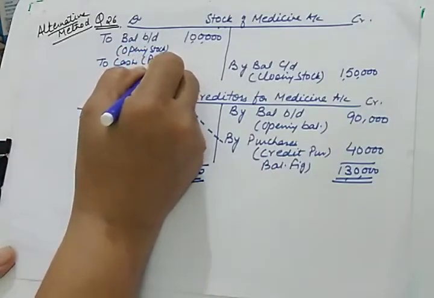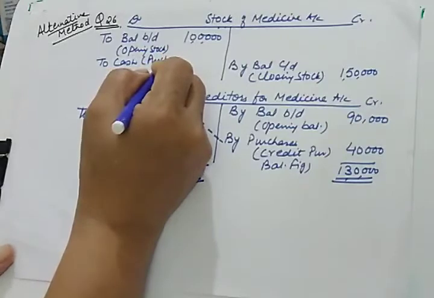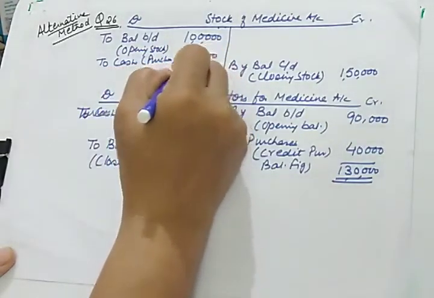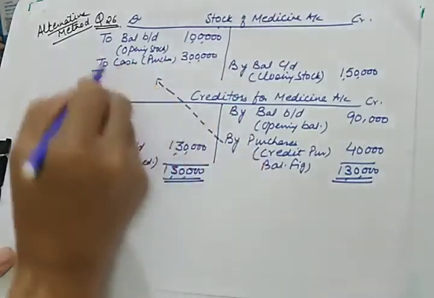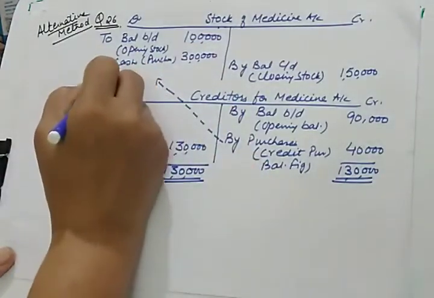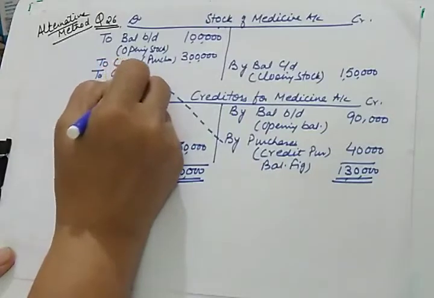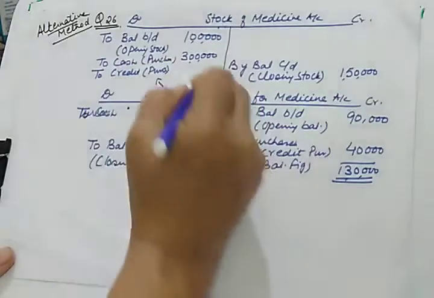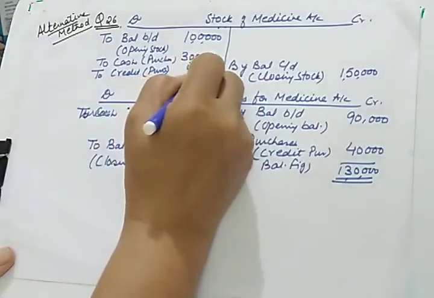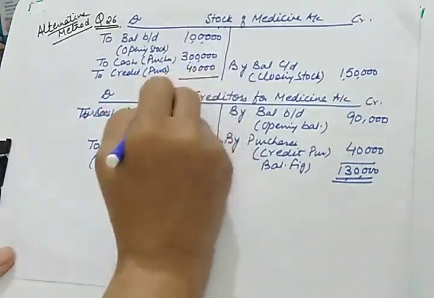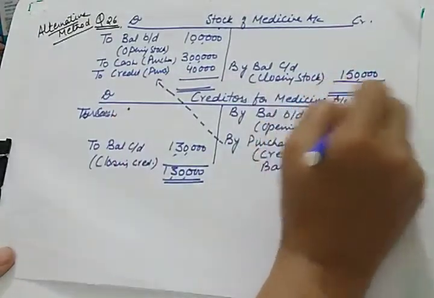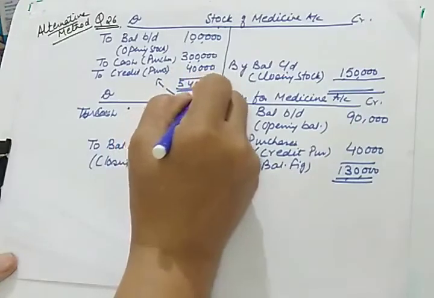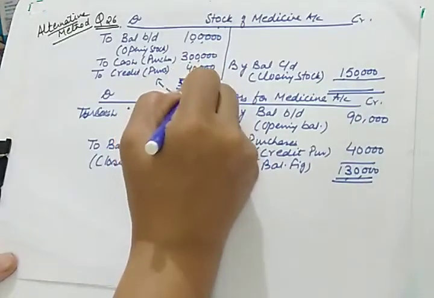Cash purchases are given to us as per this numerical as 3 lakhs. Then this balancing figure to creditors is my credit purchase. Credit purchase is 40,000. So this account is done. So total of this side is 5,40,000. Sorry, 4,40,000.